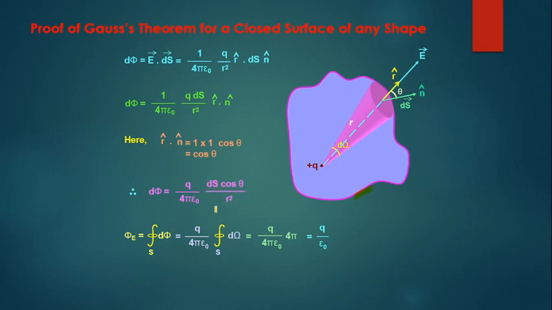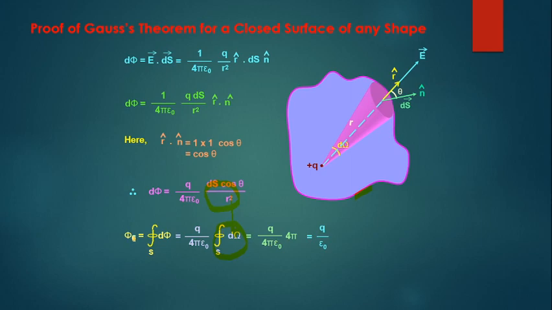This is the solid angle d omega. Substituting it here, the integration of d omega over the closed surface equals 4 pi. The 4 pi gets cancelled, giving q divided by epsilon naught.